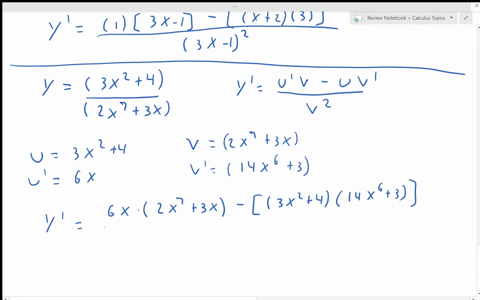That's our numerator. Going down to our denominator, the easy part, just take 2x to the 7th plus 3x and square it. And there you have it.